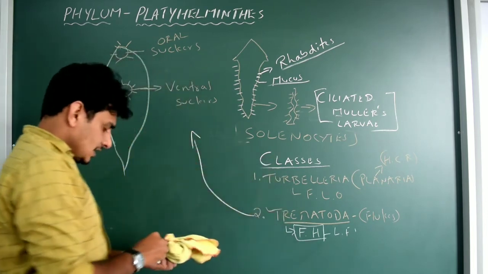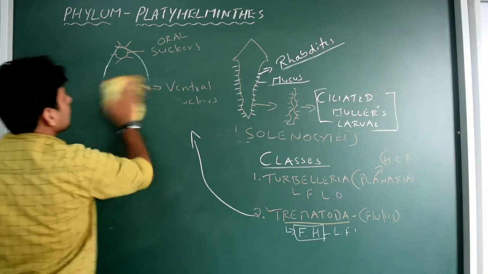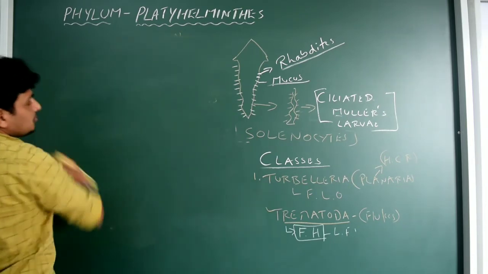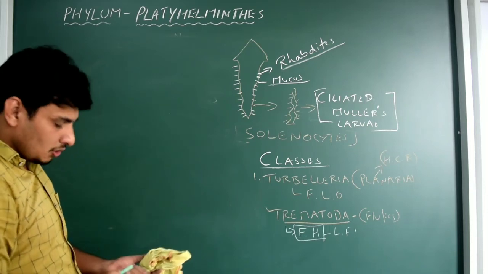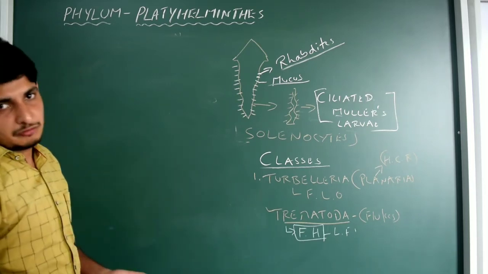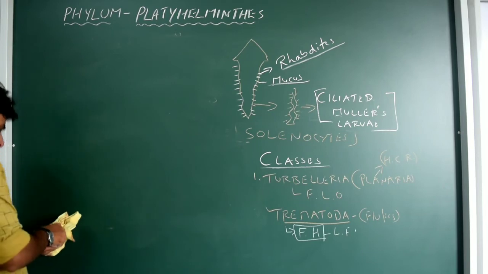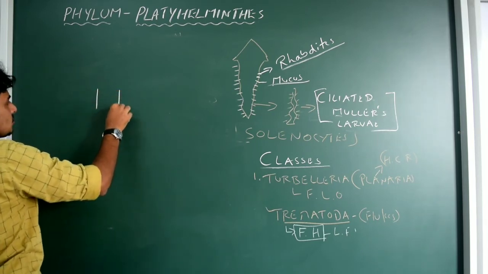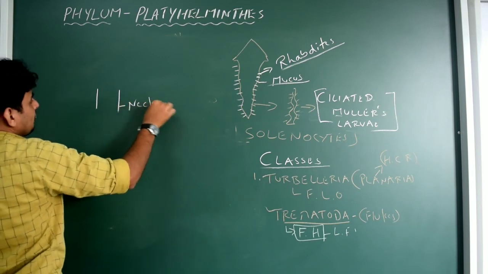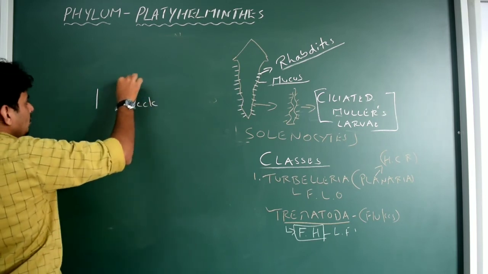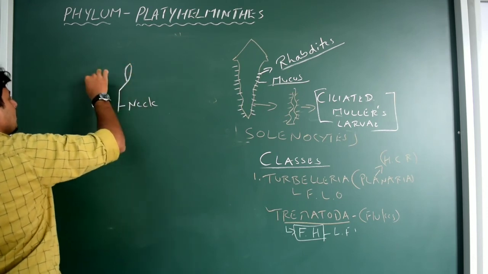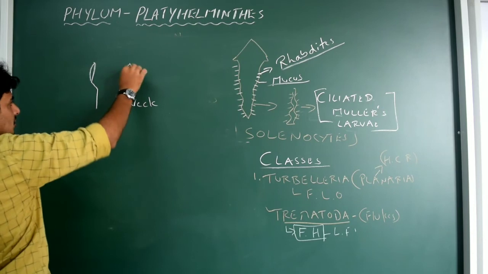Last one is Cestoda. Okay. If you have any confusion, please pause the video, take the notes, or maybe you can re-watch the video. Okay, so next is Cestoda. In the Cestoda, let me just draw. I have already explained this. So if you take the flatworm, they have got a neck, I am talking about its anterior-most position. Eyes are completely absent, but it looks like an eye.